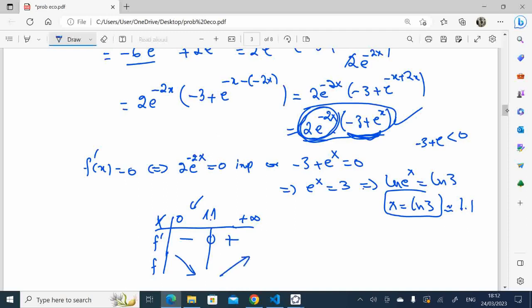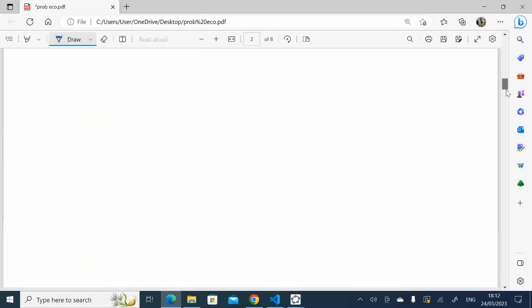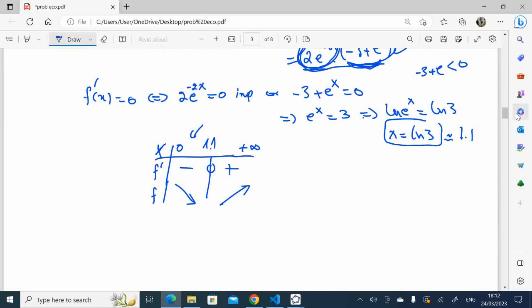f of 0, we calculated, it was equal to 2. So f of 0 is 2. And at plus infinity we proved we have y equals 1, horizontal.